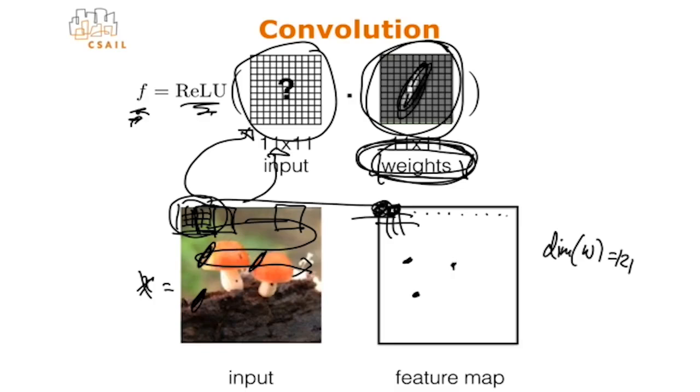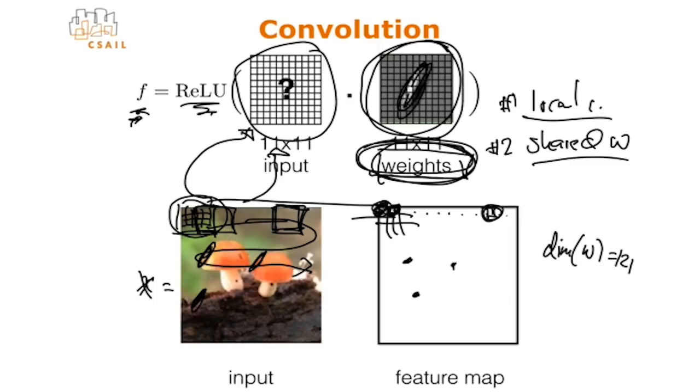The second difference is that the weights that are used to transform each patch into an activation in a feature map use the same set of weights. So we have local connectivity, that's number one, and number two, we have shared weights. Those are the two differences that we now have.